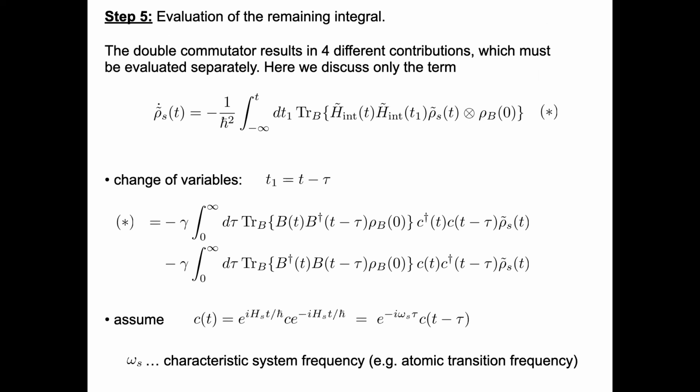So I have to keep track of this frequency, and what happens is essentially that the system frequency will be approximately the same. Multiplied by omega s tau, both frequencies are big, but they approximately cancel each other out.